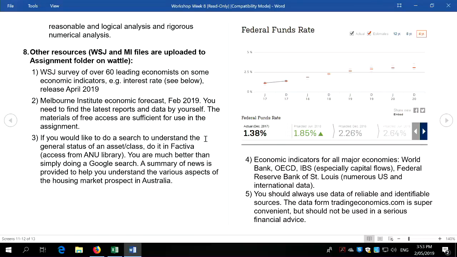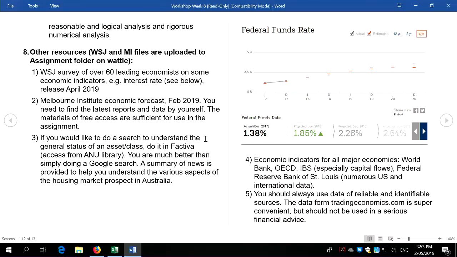Okay, lastly, if you do a Google search, it's very likely you're going to come across Trading Economics. Do not use data from there. We don't know where they get the data. They do provide a lot of things like the P/E ratio of the stock market, the forecast of a lot of economic indicators, but we don't know the source.